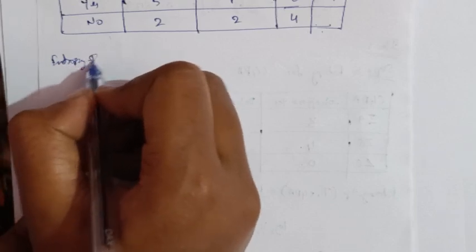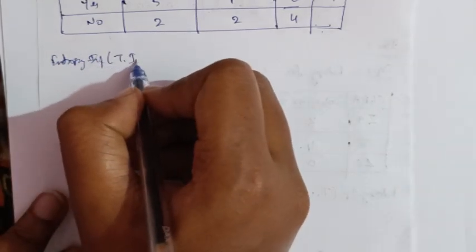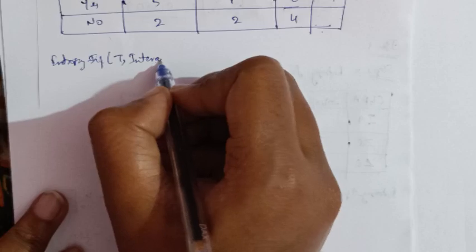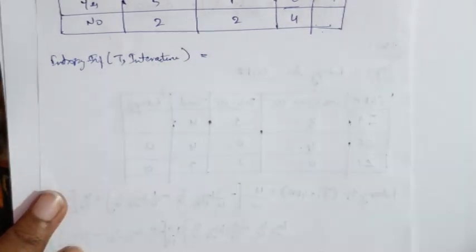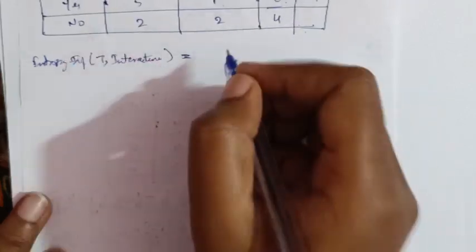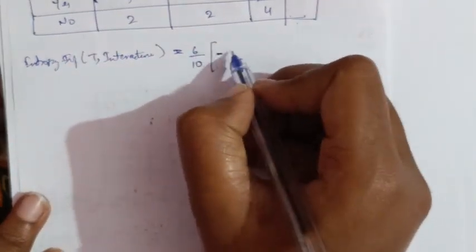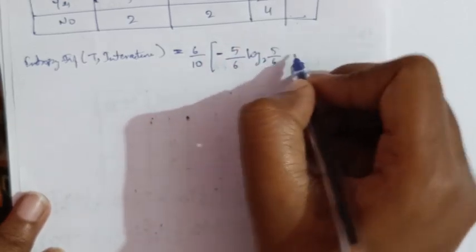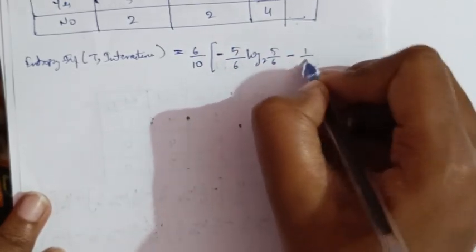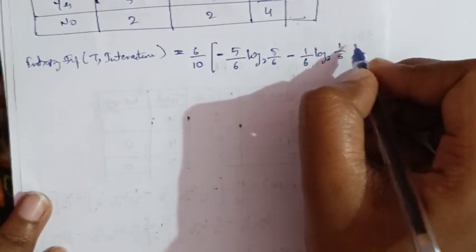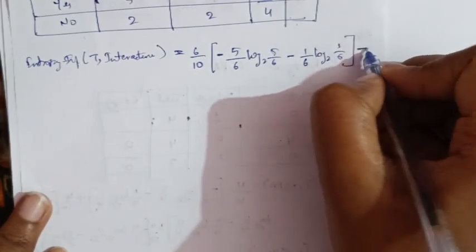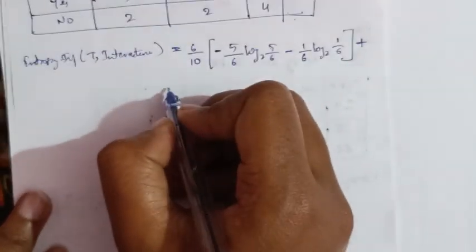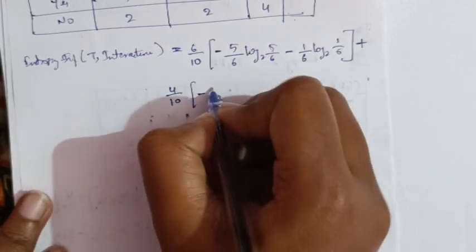Entropy information for interactiveness. Here for yes, this is 6 by 10 times minus 5 by 6 log 2 5 by 6 minus 1 by 6 log 2 1 by 6, plus this is 4 by 10.